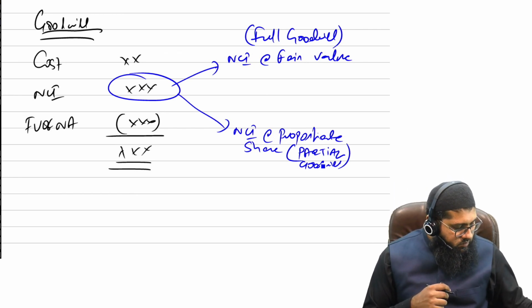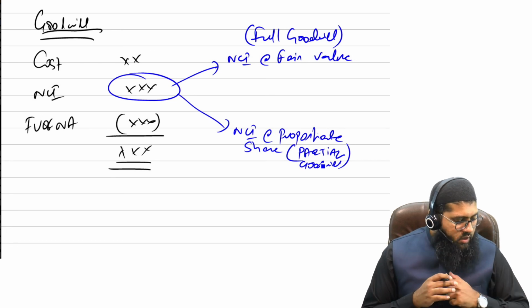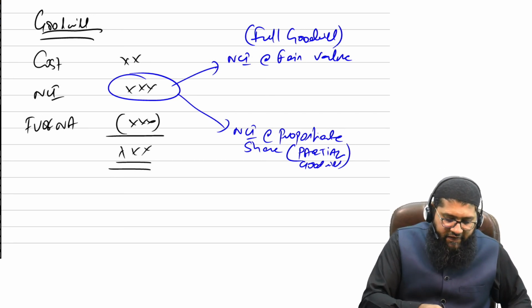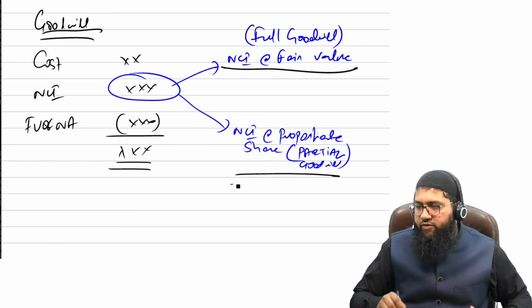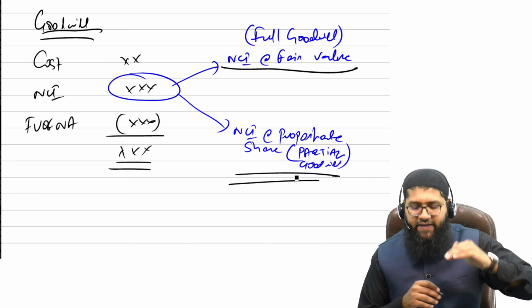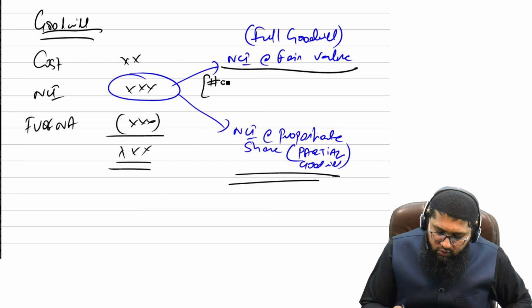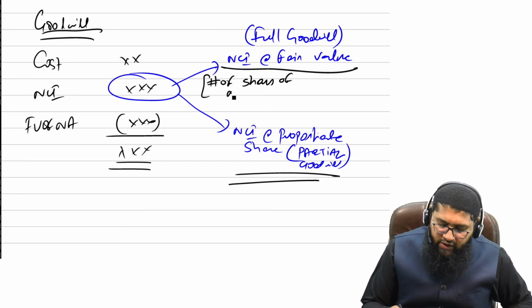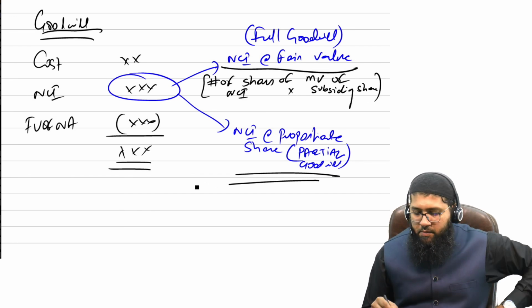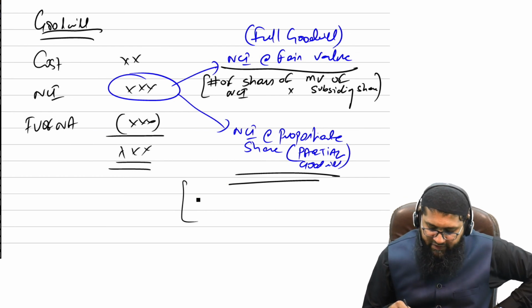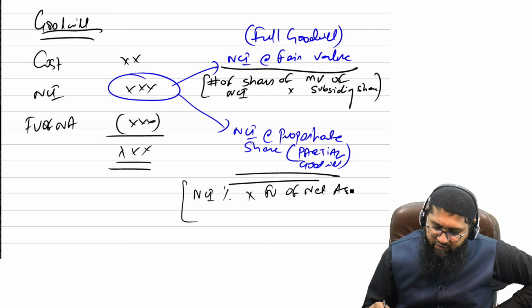Now, how exactly does the NCI calculation differ under both of them? The formula appears to be the same, but it is not the same. When we have NCI at fair value, we say number of shares of NCI multiplied by market value of subsidiary share. But when we talk about NCI on a proportionate basis, we say NCI percentage multiplied by fair value of net assets.